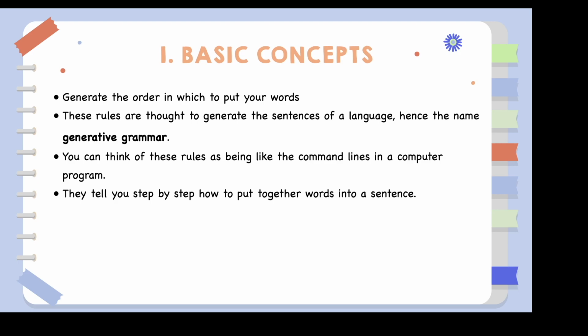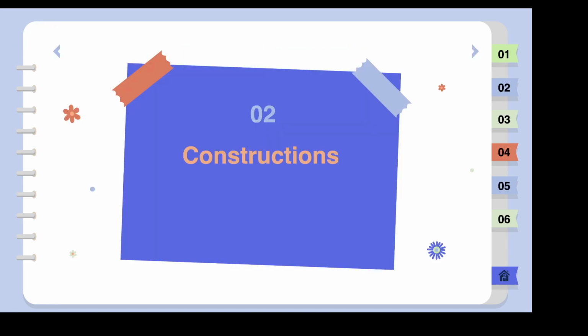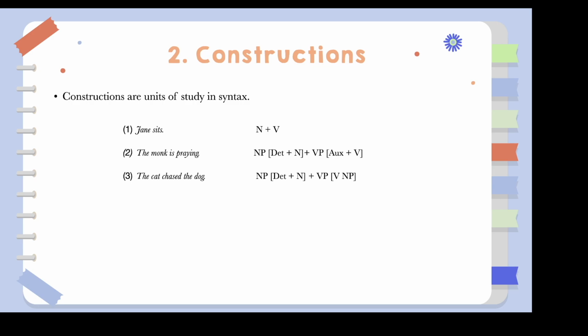Once again, generative grammar is like you generate the order or the rules for how you organize the words. When we talk about generating the order or the rules, another term that we cannot skip is constructions. Constructions are units of syntax. Basically, we can say a construction is just a structure.